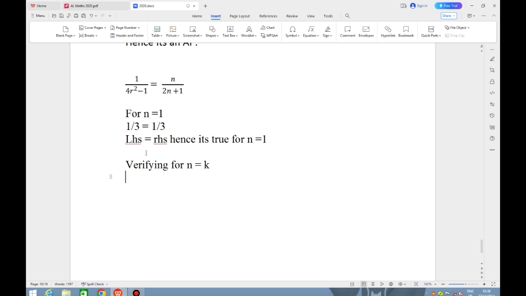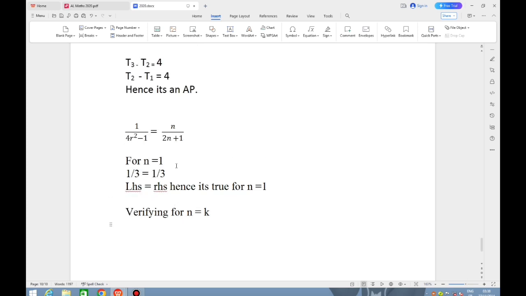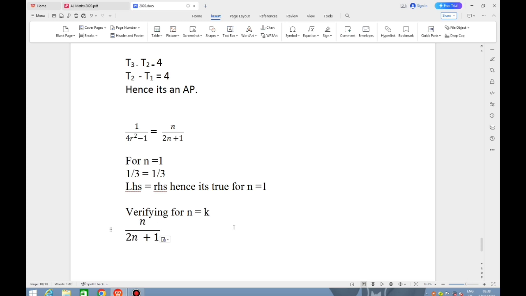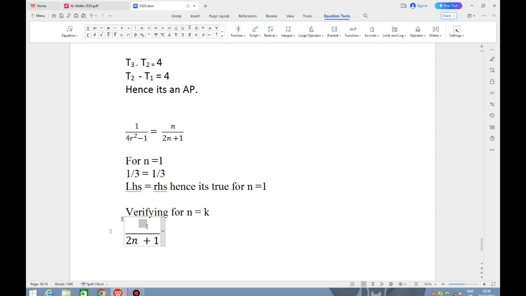I'm going to substitute k in the left hand side and the right hand side, and just write the hypothesis that it is true for n is equal to k, that is, k on 2k plus 1.